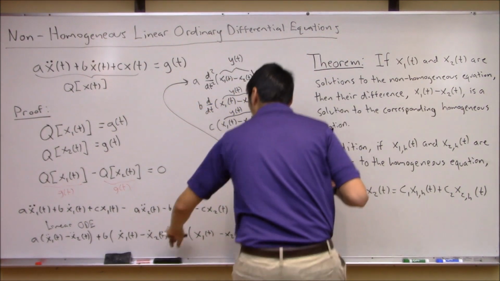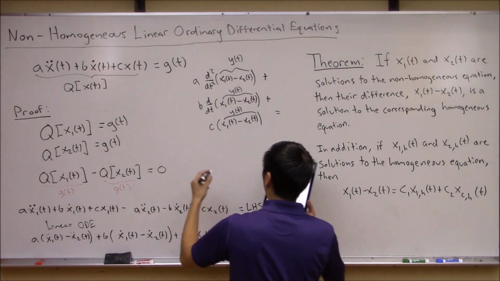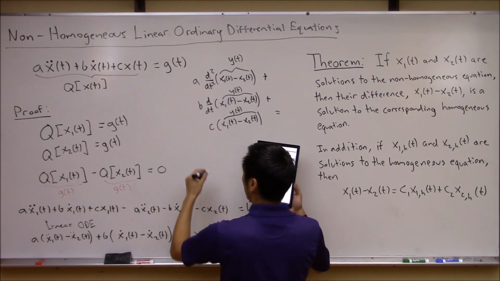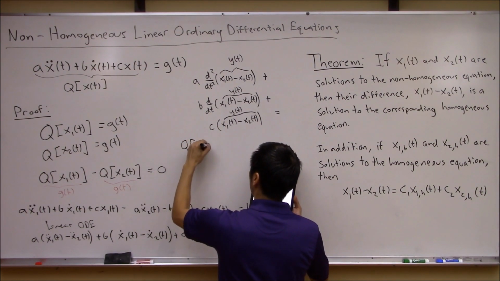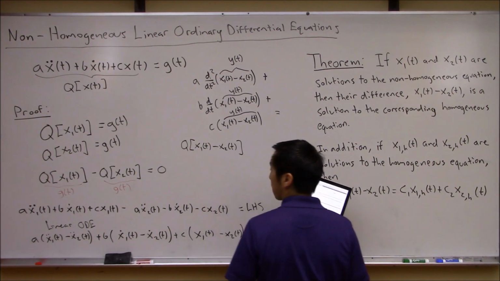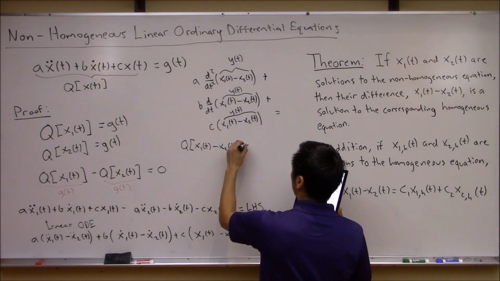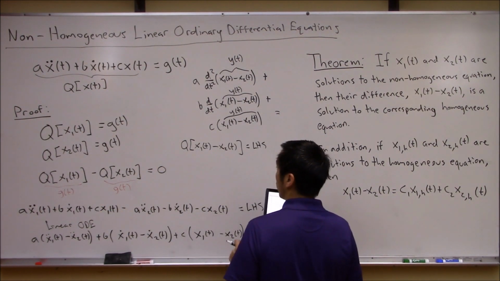So we can write this whole thing as Q of x1 of t minus x2 of t. This is equal to the left-hand side.